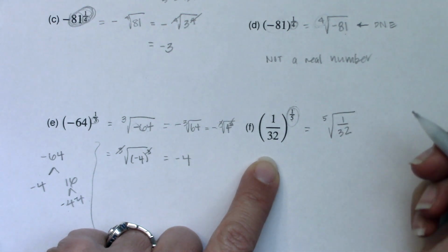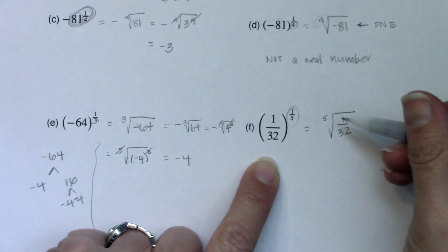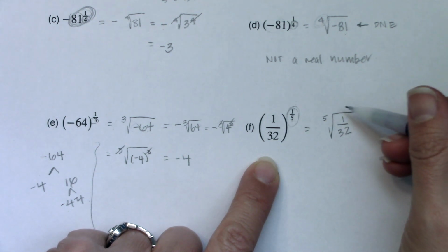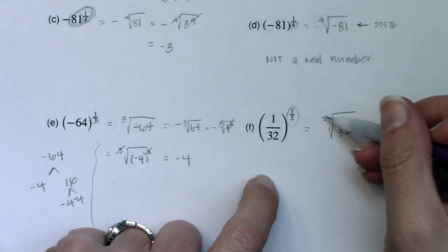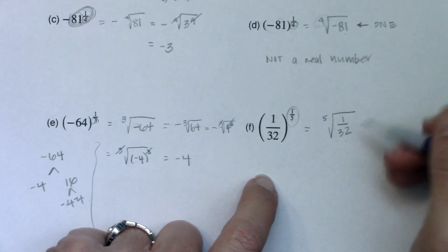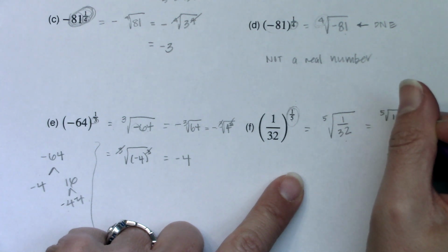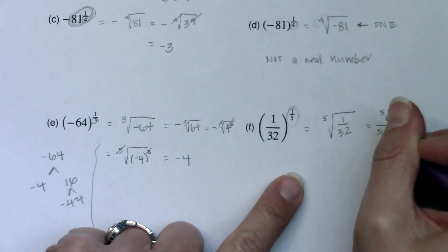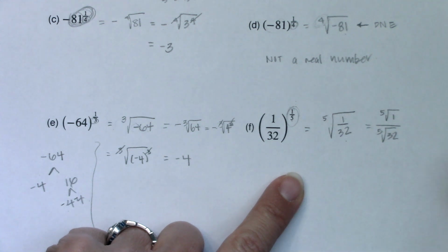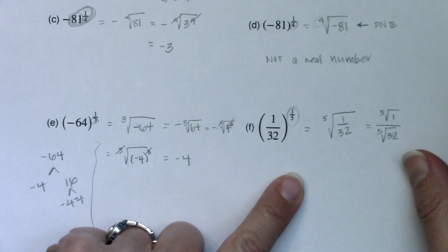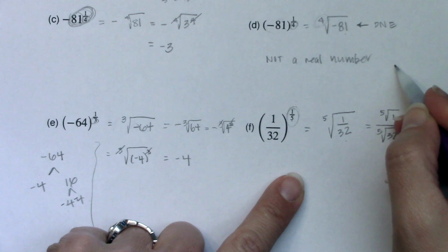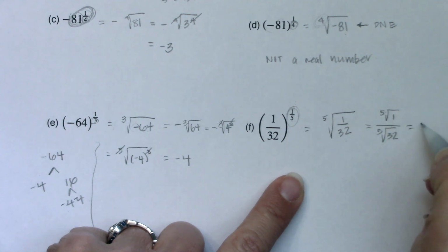You are allowed, if you want, it depends on how you want to look at this, to distribute that 5th root to the numerator and denominator separately. So you could do this as the 5th root of 1 over the 5th root of 32. That is absolutely fine. Then the 5th root of 1 is going to be 1.